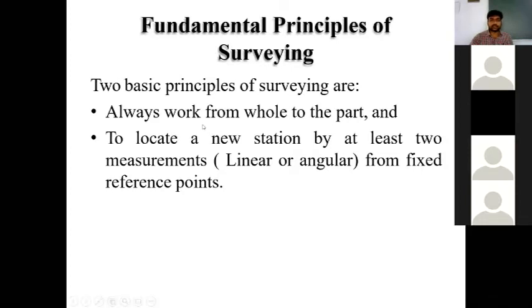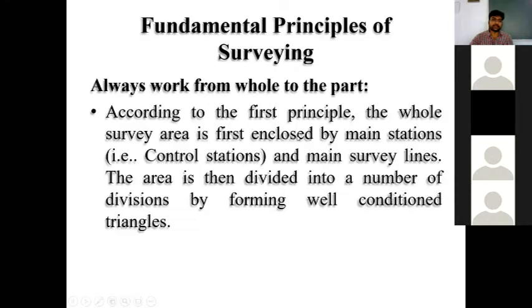Starting with the first basic principle, work from whole to part. Work from whole to part means we're going to take the whole survey area and locate the main station points, or control stations, and we're going to have the main survey lines, which form an area.